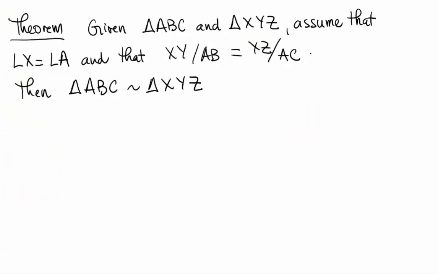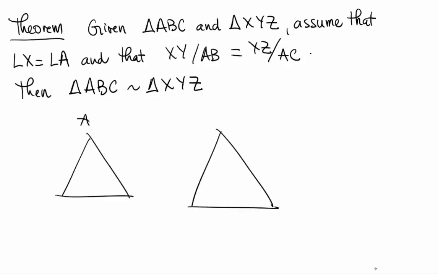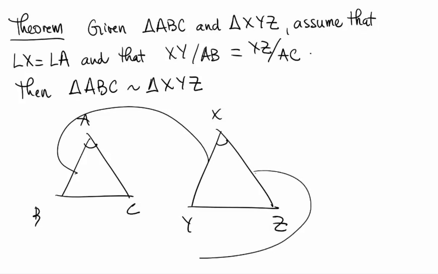Our next result states that if you're given two triangles ABC, let me draw two triangles ABC here, and then XYZ, and assume that angle at A is equal to angle at X, and let us suppose that the ratio of the side XY and AB, let's say XY over AB, is equal to the ratio of the side XZ and AC.